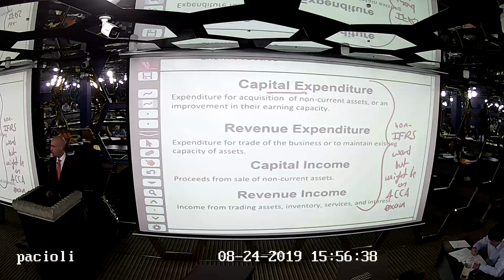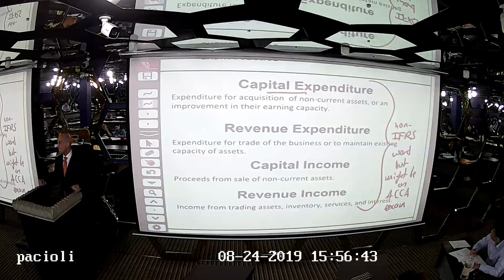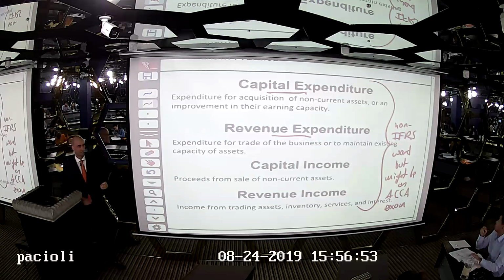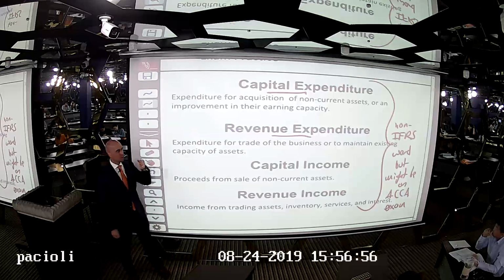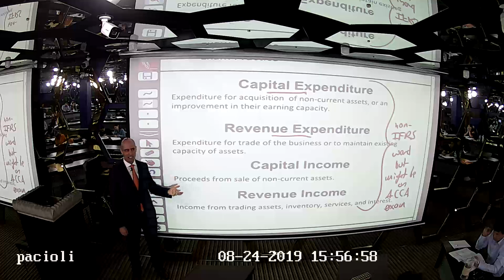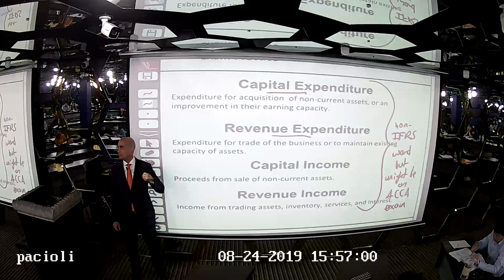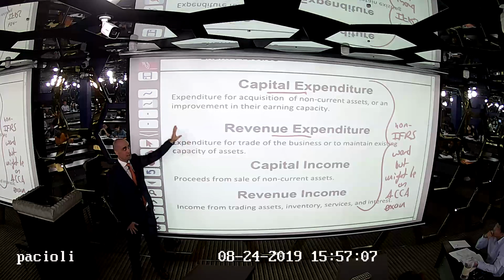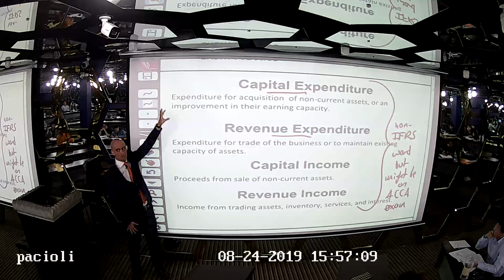Capital expenditure, on the ACCA exam, means that you're buying a non-current asset. Revenue expenditure means that you are spending money on your day-to-day operations or you're buying a current asset. So spend money for rent, electricity, staff wages is revenue expenditure. Spend money to buy a building, spend money to buy a machine is capital expenditure.